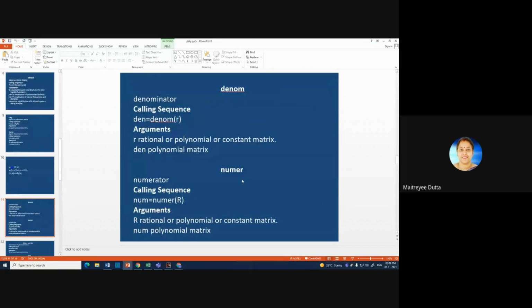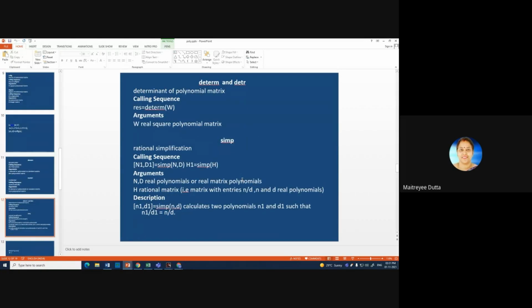Then similarly, for the denominator of a rational number, if you write denom it will give the denominator. If you want the numerator, you just write NUMER, and it will give the numerator of the polynomial matrix.